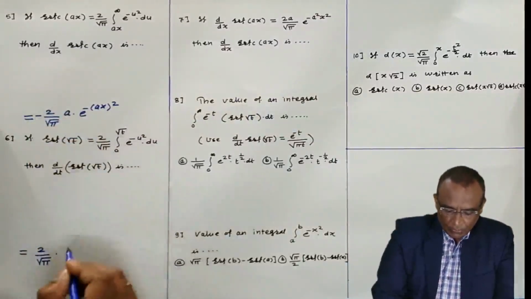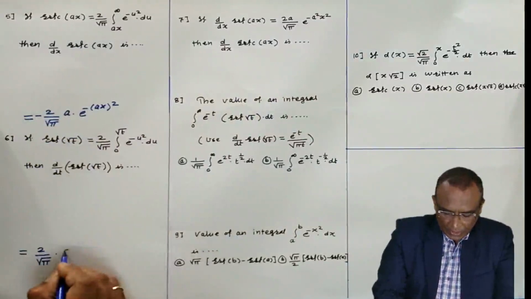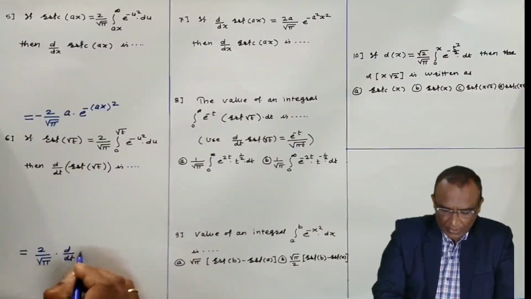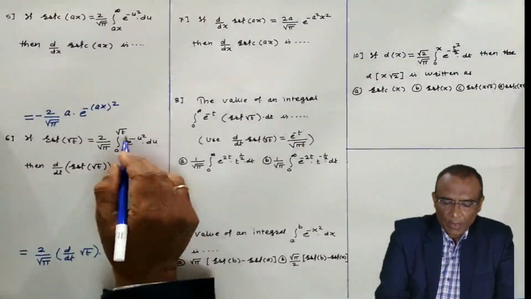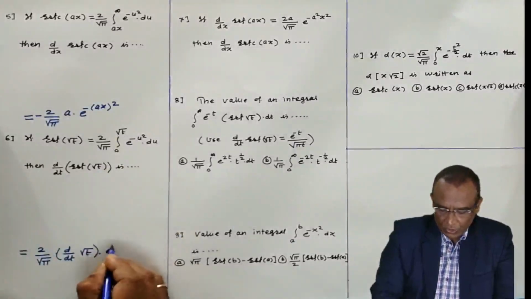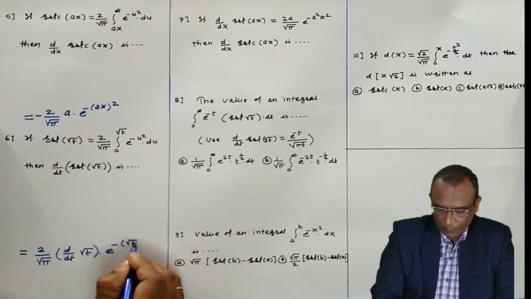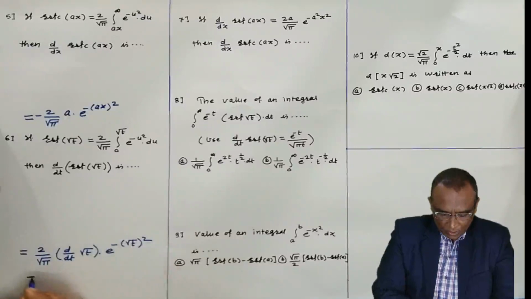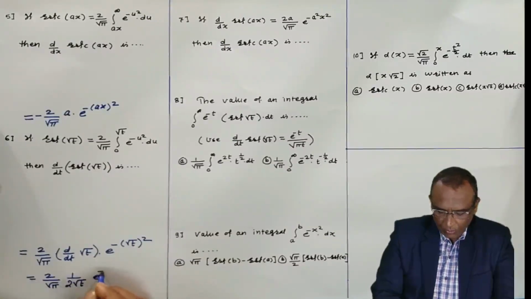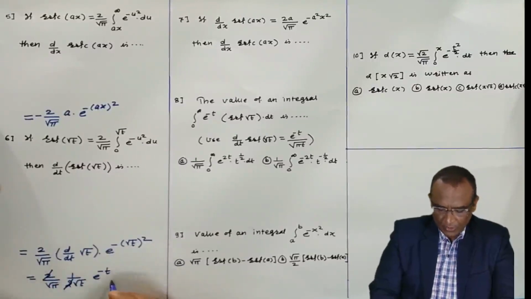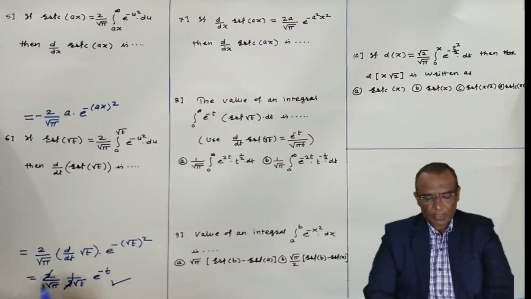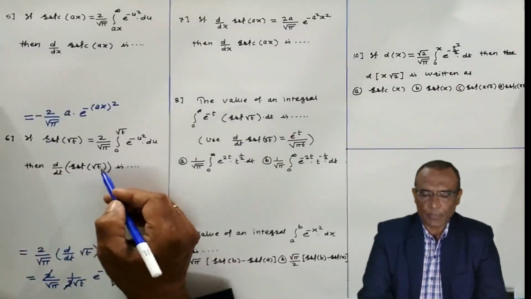Then take the derivative of root t, which you can write directly also, and replace u by root t. That's all. Now 2 by root pi. The derivative of root t is 1 by 2 root t. E to the power minus root t whole square is e to the power minus t. This 2 gets cancelled. Okay, this is the derivative of error function of root t.